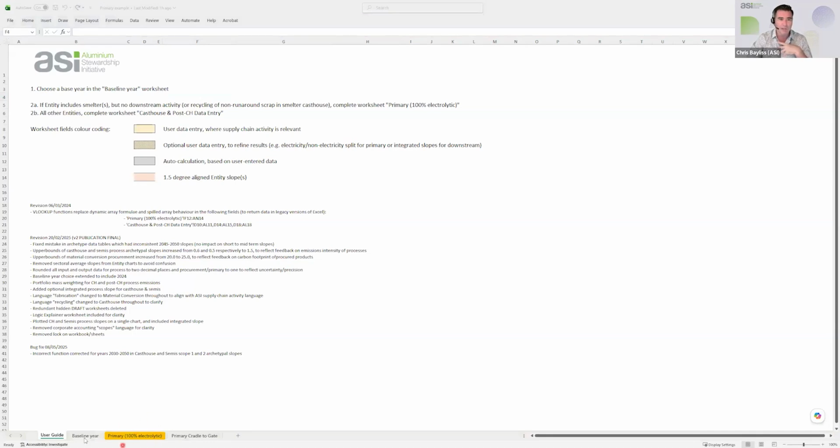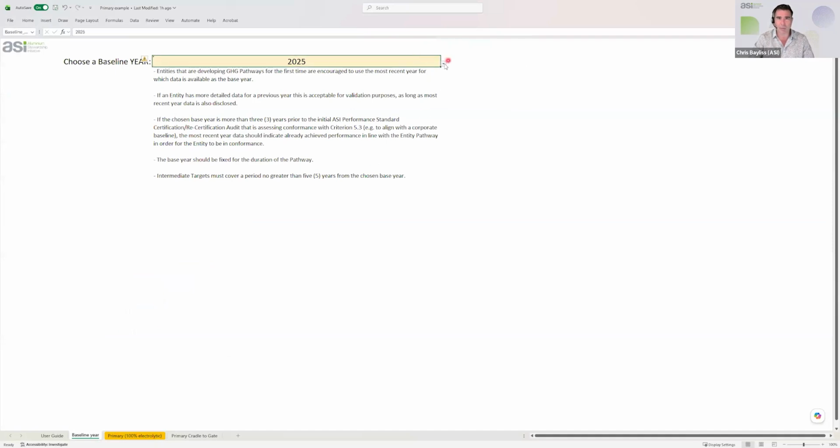So let's go right in there and start looking at the primary example that Gangaa showed us earlier on. Here we have the primary tab down here, the primary 100% electrolytic. First thing we do is we go in and choose our baseline year. Let's hope this one works this time.